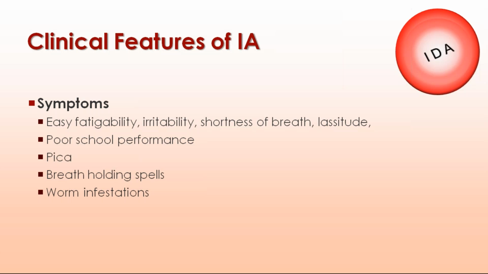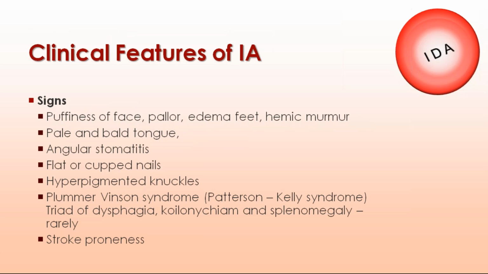So these are the clinical manifestations, and when you examine them, these are the physical signs: puffiness of face, pallor, edema of feet, hemic murmur. Edema and these things also occur when severe anemias present with cardiac failure. Pale and bald tongue, angular stomatitis, though it is called a riboflavin deficiency sign, can happen in anemia also.